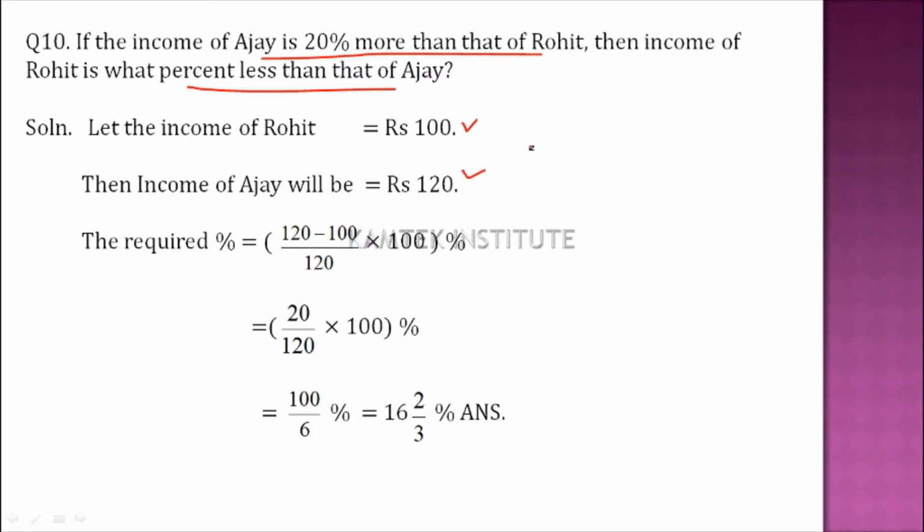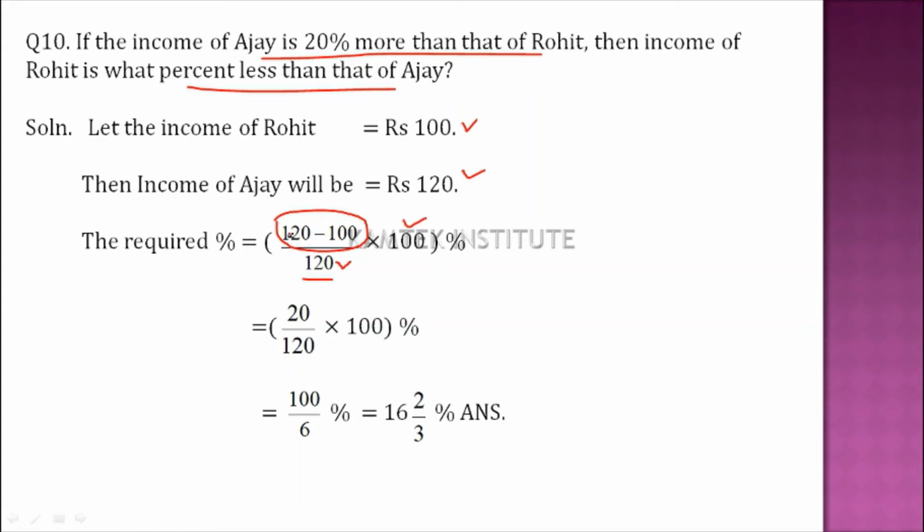Okay, and we need to find out by what percent Rohit's income is less than that of Ajay. For that the formula will be, in the numerator we'll put the difference in the two incomes, that is 120 minus 100, divided by 120, because we have to find out the percentage less with respect to the income of Ajay, which is 120. So 120 minus 100 upon 120 multiplied by 100, since we have to find the percentage.